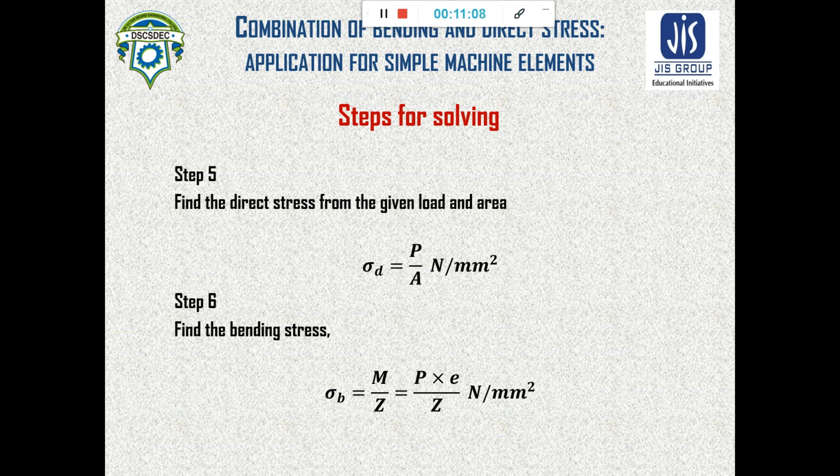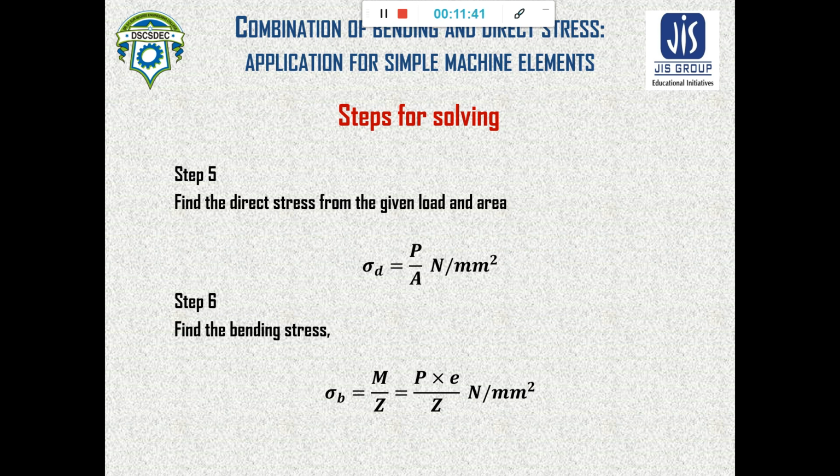As per our knowledge from the bending and shear stress chapter, that is your second module, we find that the section modulus equation is nothing but a modification of the bending equation, because the bending equation states that M by I is equal to sigma by y.